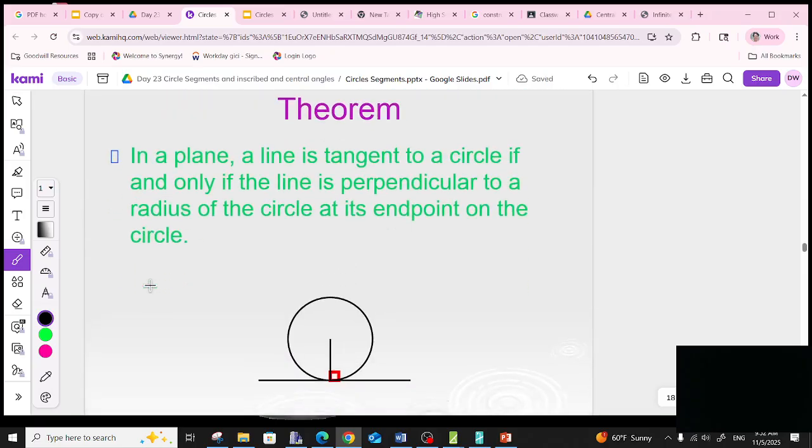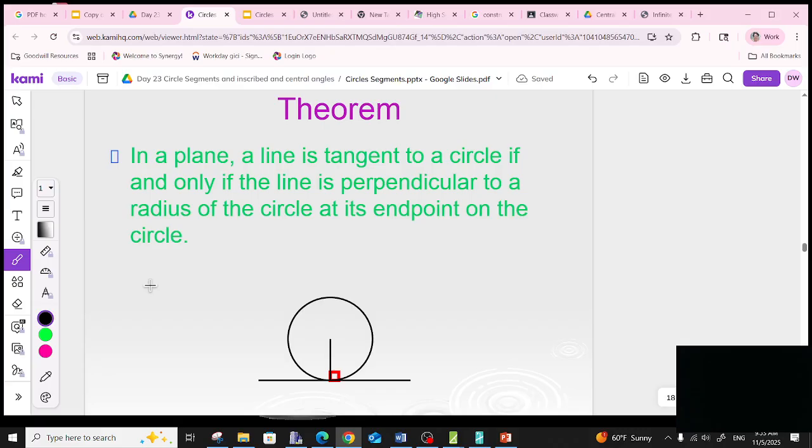Okay, now we get to learn some theorems. In a plane, a line is tangent to a circle if and only if the line is perpendicular to the radius of the circle that's drawn to the endpoint of the circle.